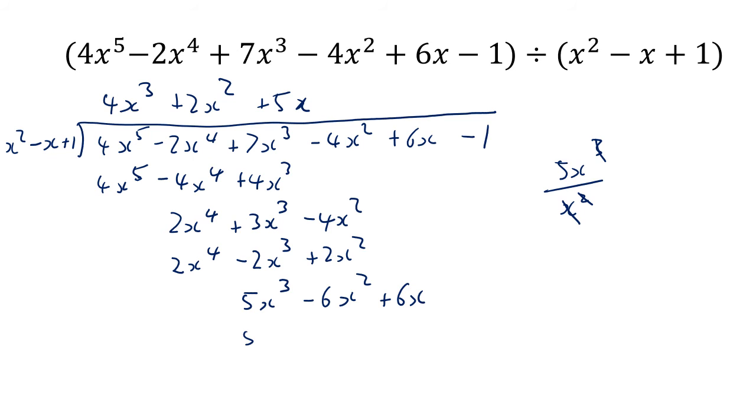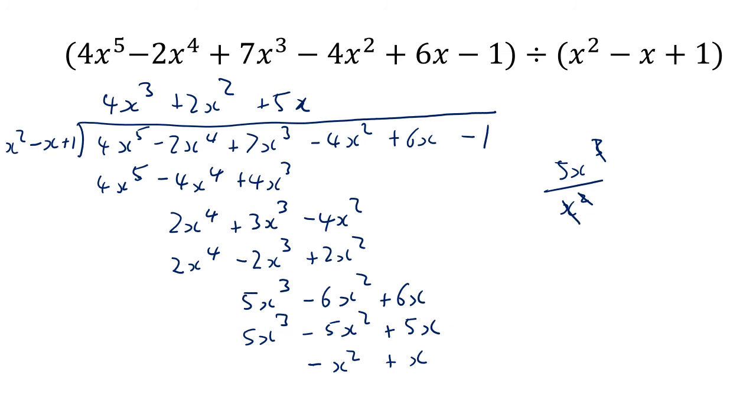So then you end up with 5x cubed minus 5x squared plus 5x, because you're just multiplying all of that by that. And do your subtraction. So you should end up with minus x squared plus x, and then we've got to bring down the minus 1.